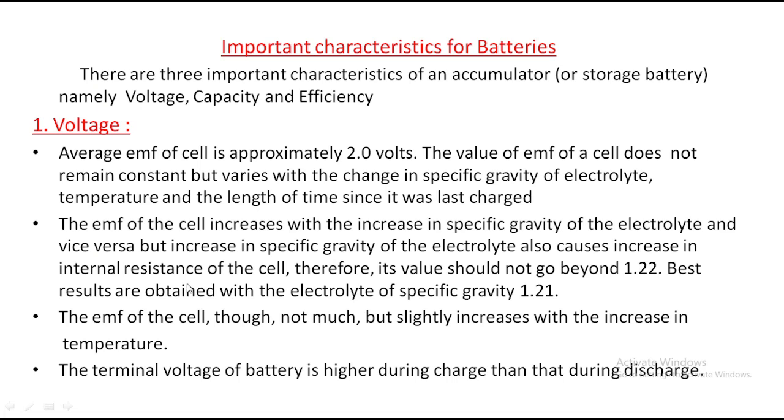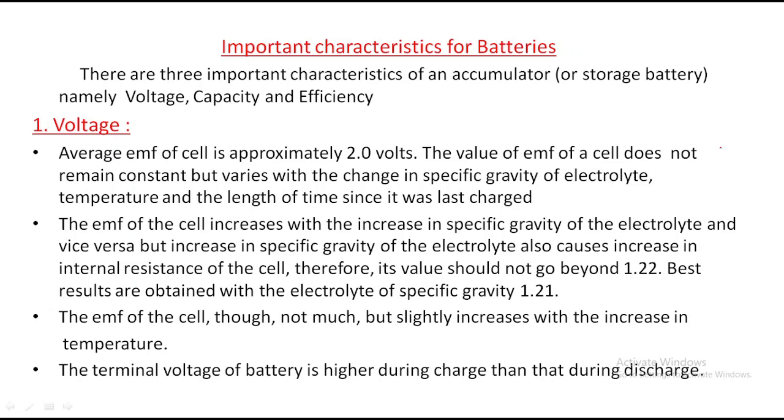Generally the combination of a number of cells will give one battery, generally 2 volts EMF. The value of the EMF of a cell does not remain constant but varies with the change in specific gravity of the electrolyte. So it depends on the electrolyte. What is an electrolyte?